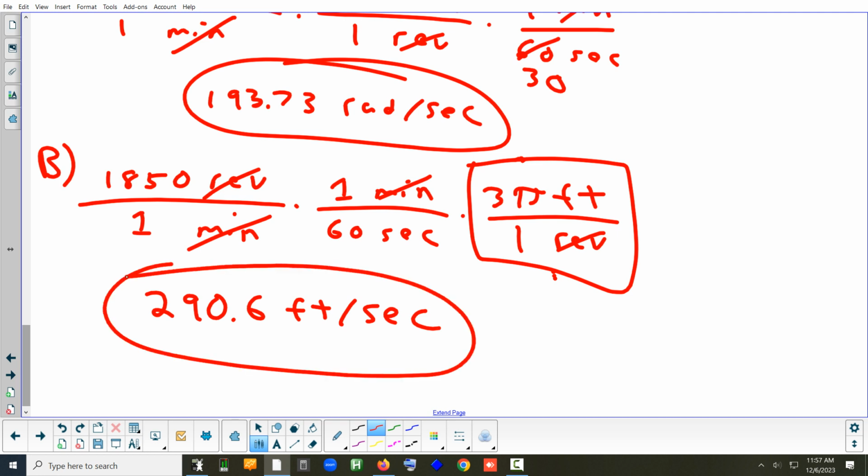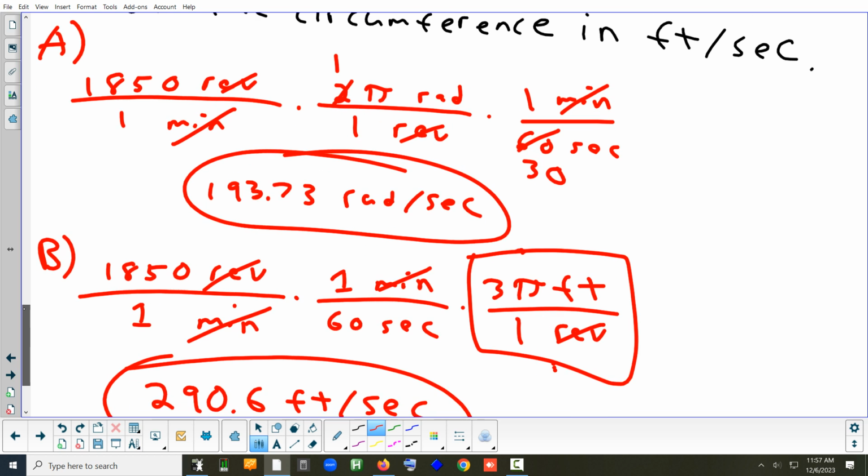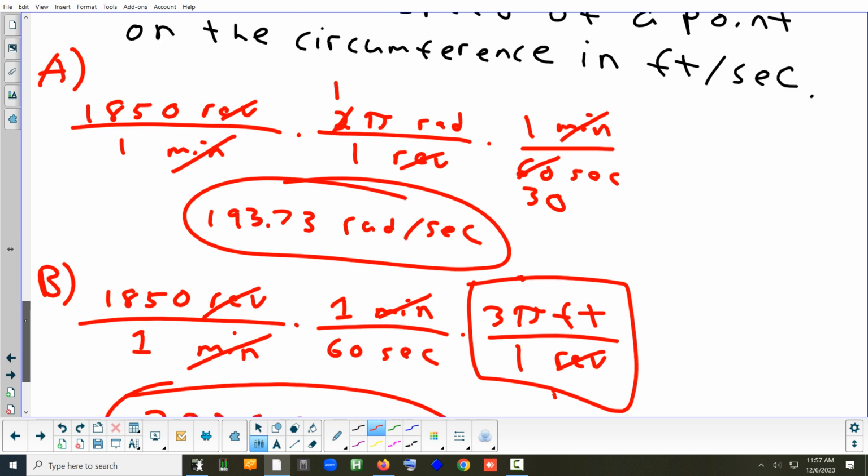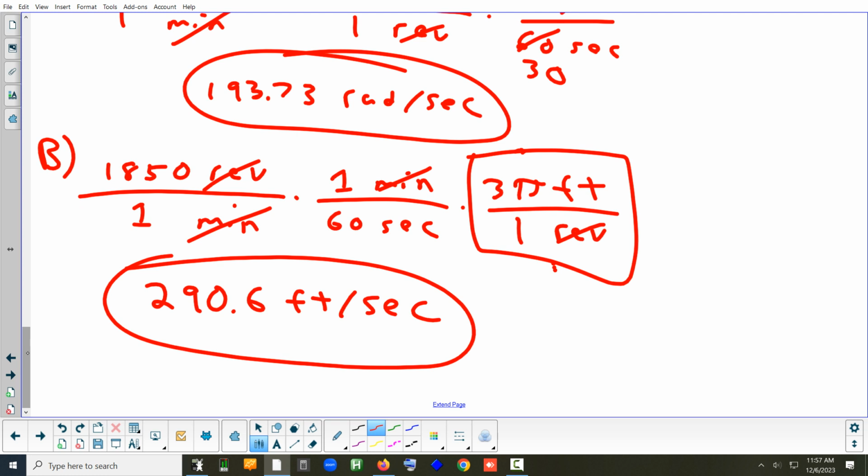So the way you can visualize that is imagine you had a tire on a machine, spinning at 1,850 RPMs. And all of a sudden the tire fell off the machine and hit the ground. It didn't lose any traction, and all the energy that it had spinning went into shooting it in a straight line. That's how fast it would be going if it hit the ground. 290 feet per second. That's really fast?